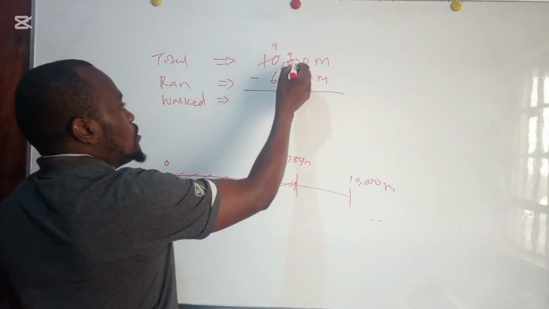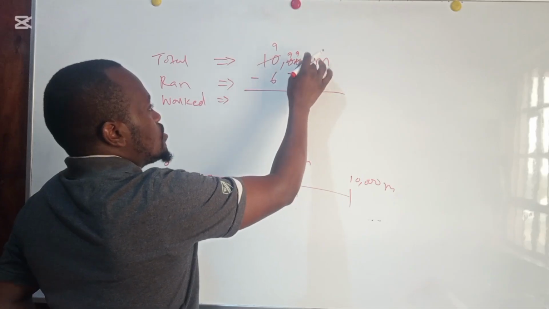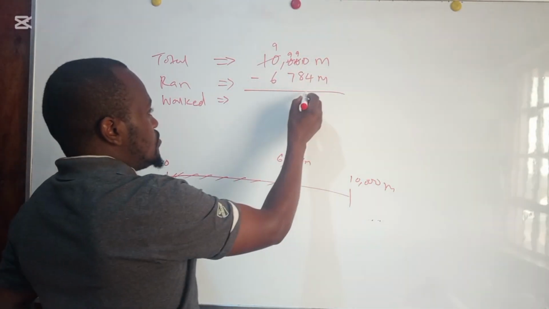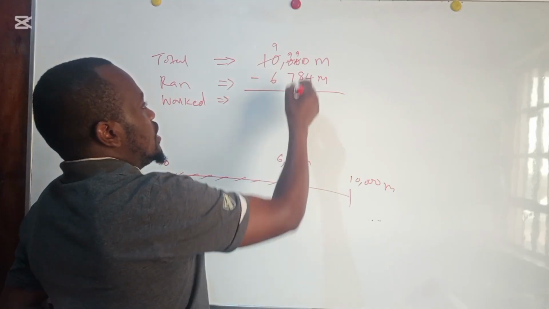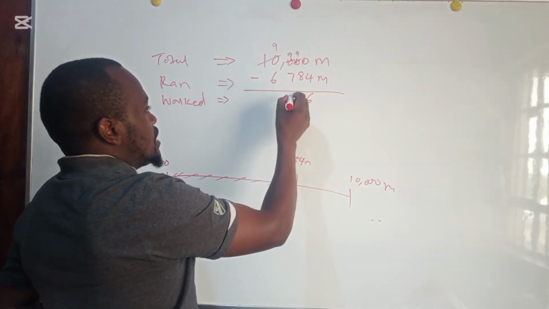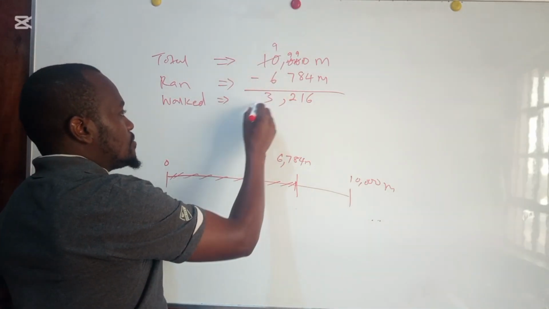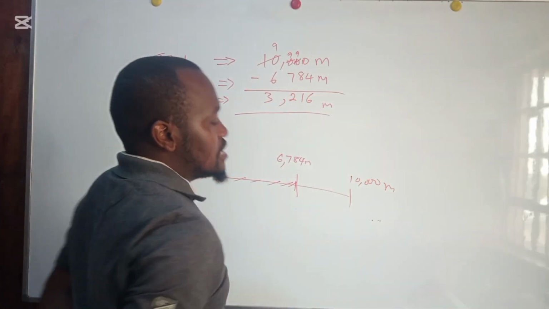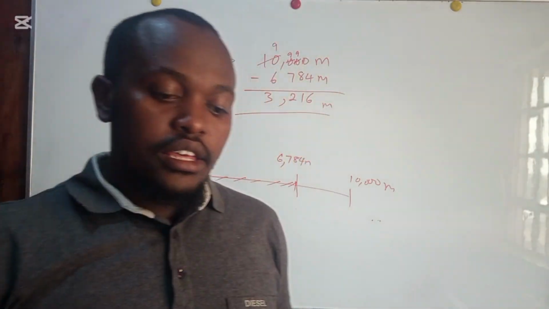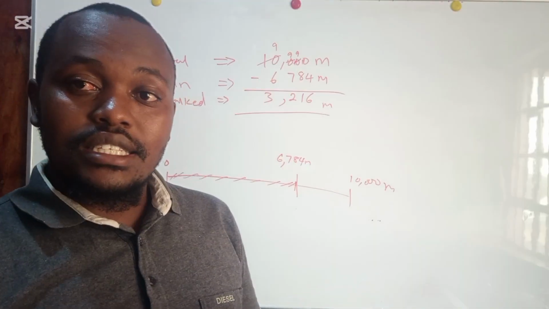So this 10, you borrow 1, you get 9, again 10, the last one is 10, minus 4, 6, 9 minus 8, 1, 9 minus 7, 2, 9 minus 6, 3. So this is the distance that she walked. So part A is 3,216.